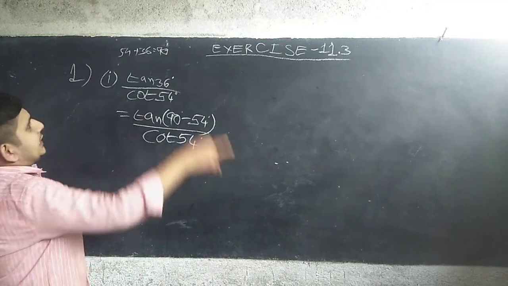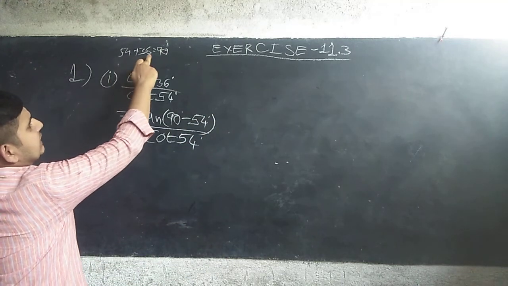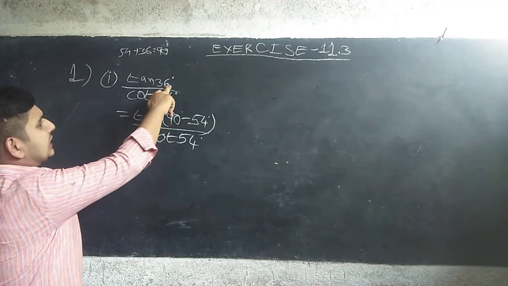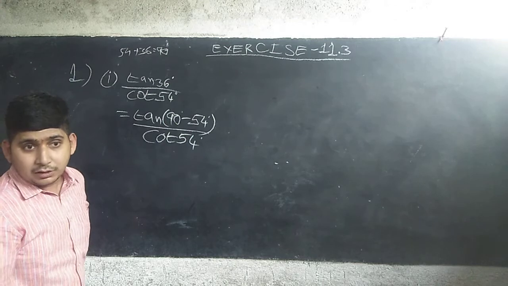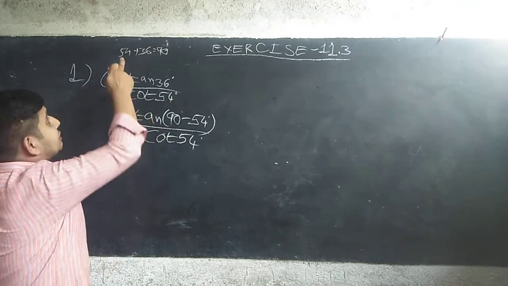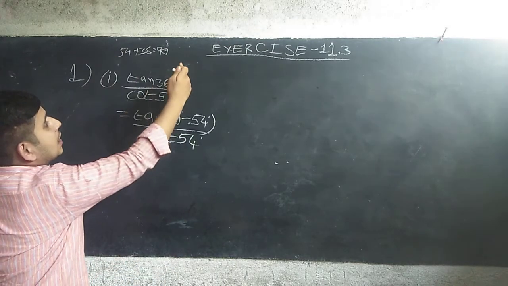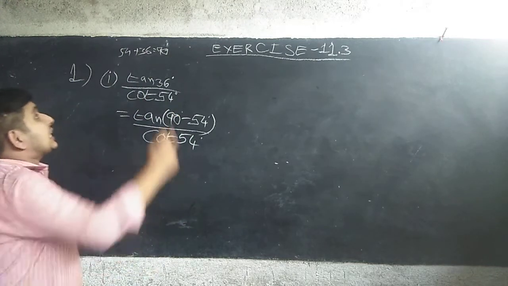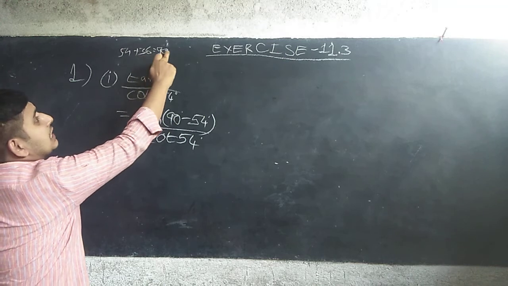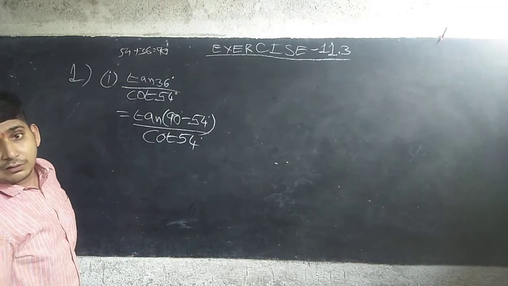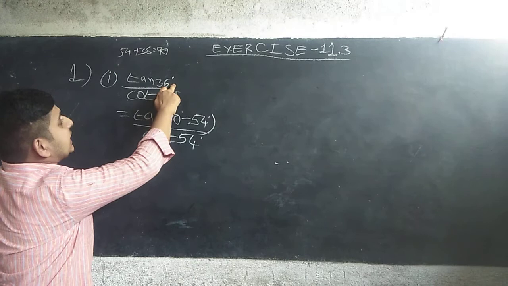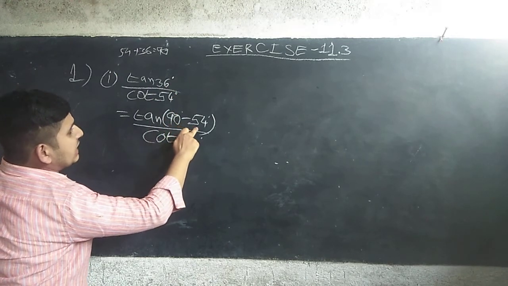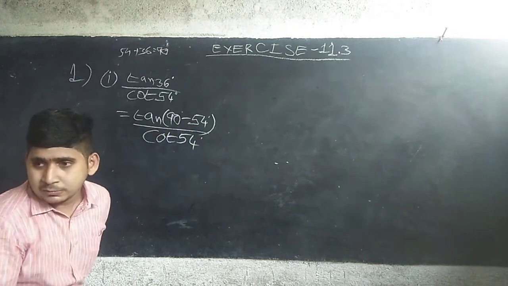Here see, 54 plus 36 equals 90 degrees. In this we want only the 36 degrees value, so we are sending the 54 degrees value to the right hand side of the equation. So that is equal to 90 minus 54. So in place of 36, we are substituting the value of 90 degrees minus 54 degrees.